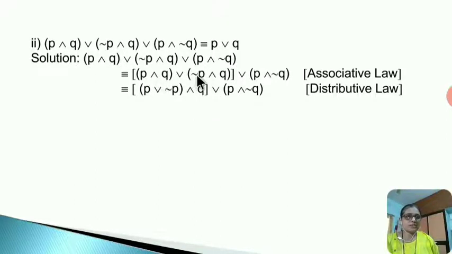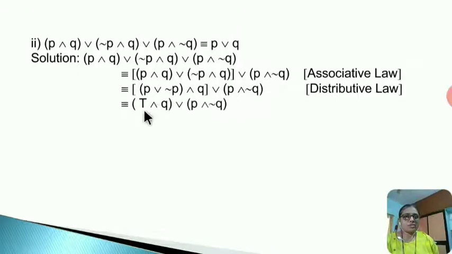The RHS form of the distributive law is given to us and we convert it into the LHS form. Means here P or negation P and Q. We write this first bracket using the distributive law in this way here, and the second bracket as it is here.